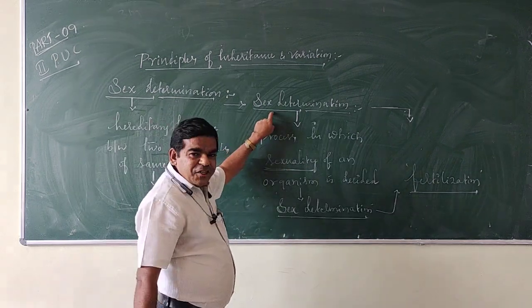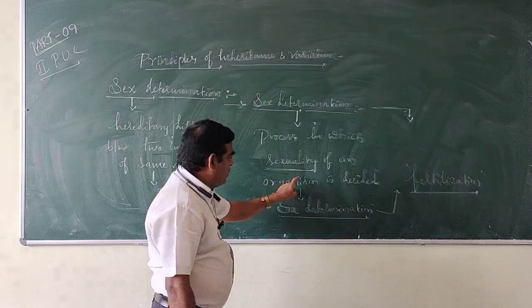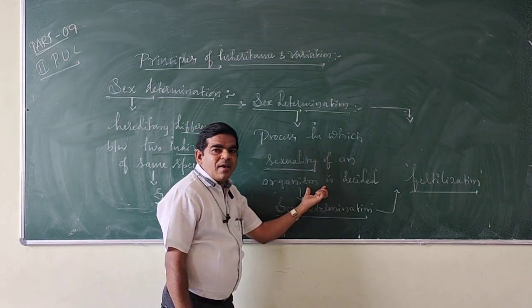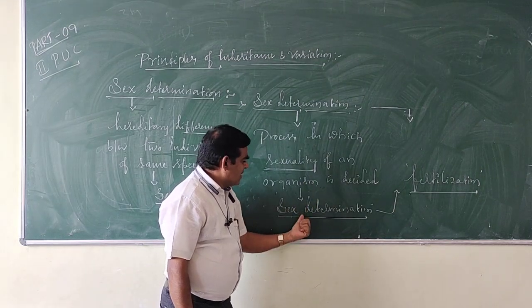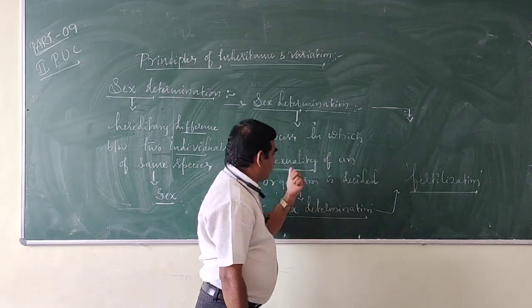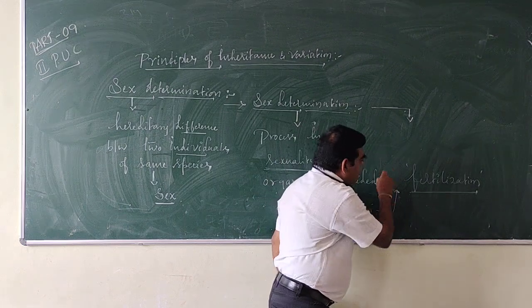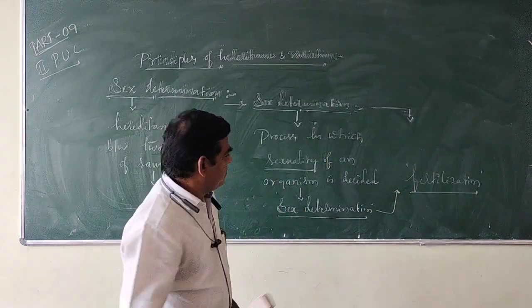Sex determination is a process in which the sexuality of an organism, that is male or female, is decided. Sex determination takes place at the time of fertilization.